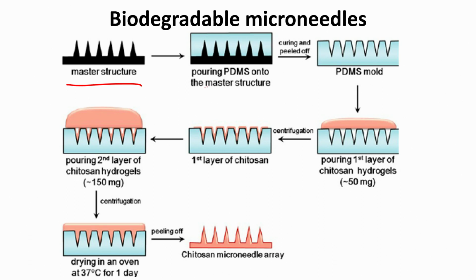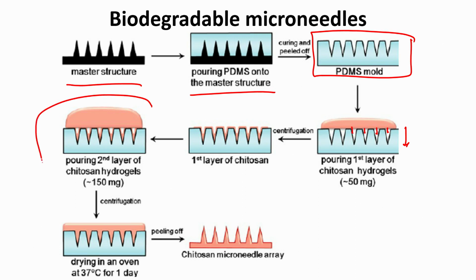You pour PDMS, which is a polymer that cures and takes the shape. When you take this polymer off, you get a mold like this, and then you can pour whatever polymer you want over it and give it some centrifugation so that these cavities get filled.